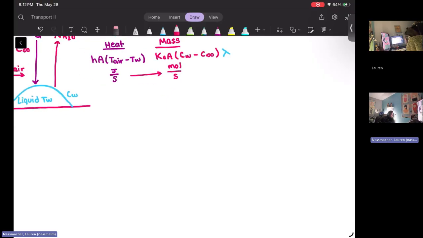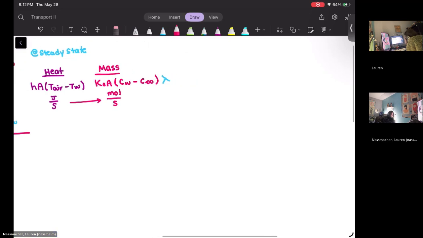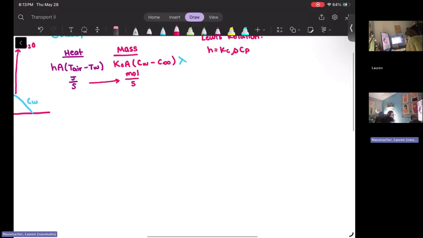So now we can set these two equations equal to one another and use our Lewis relation, which is the fact that our heat transfer coefficient equals our mass transfer coefficient multiplied by density and heat capacity. So let's just plug in the Lewis relation already so I don't have to cancel everything out.